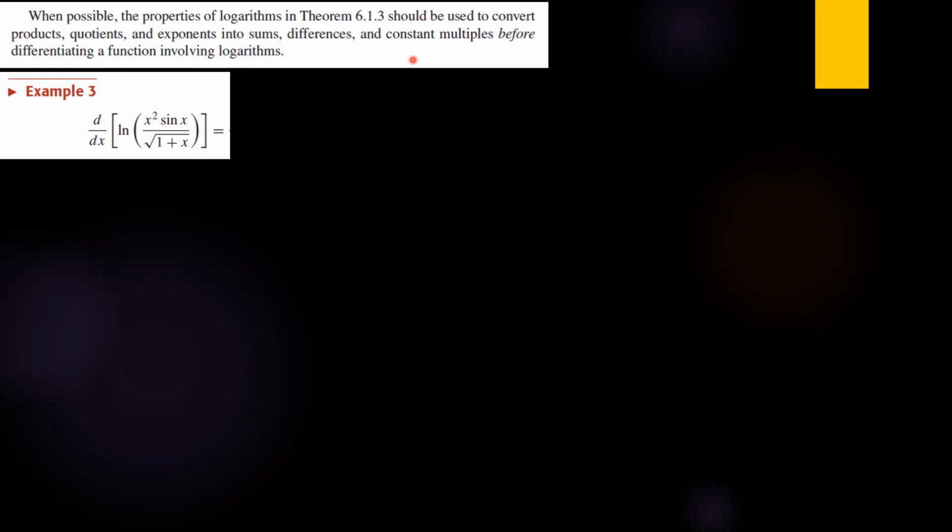So what did I mean? Like if you have ln of x plus sine x as an example. I told you to convert the product to a summation, but there is no converting from a summation to a product. So here, don't expand it.